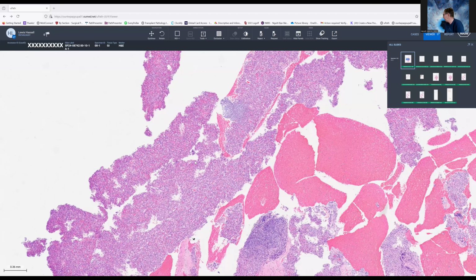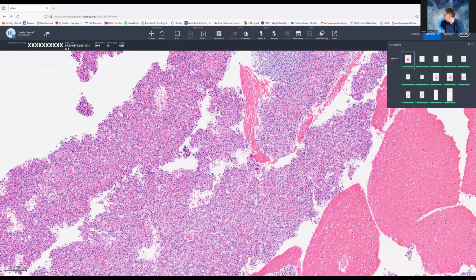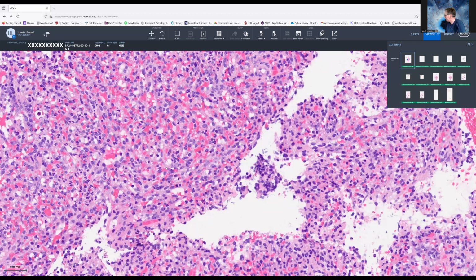Coming into a little higher magnification, we can see that the pinkish red material looks to be red cells that are crowding in a variety of vascular patterns, vascular channels.